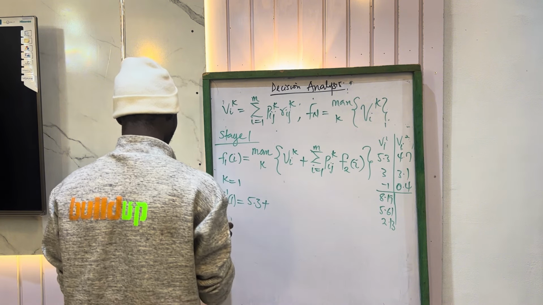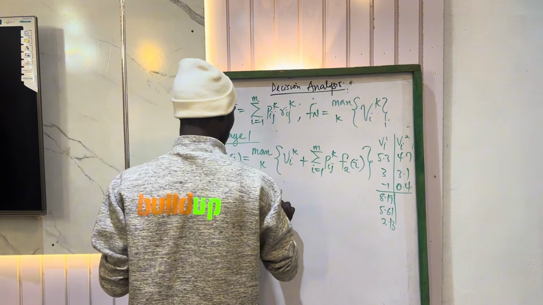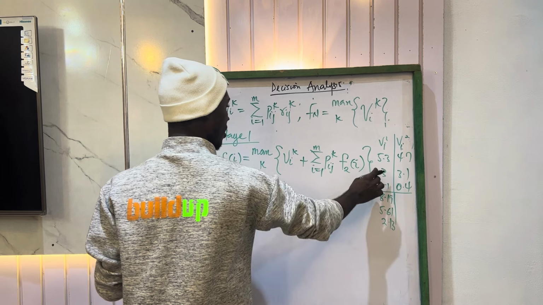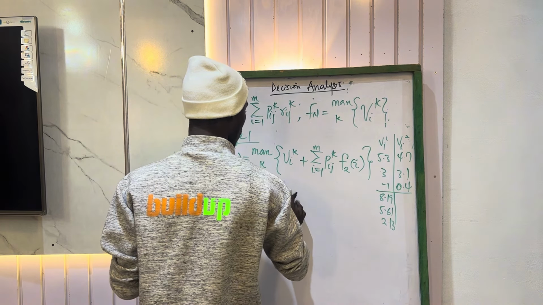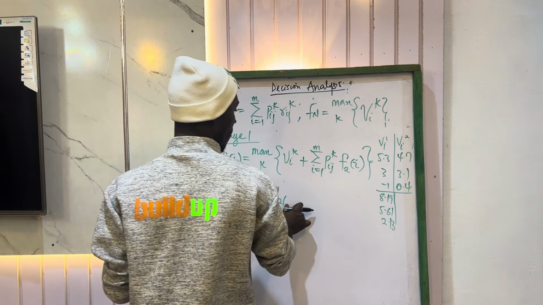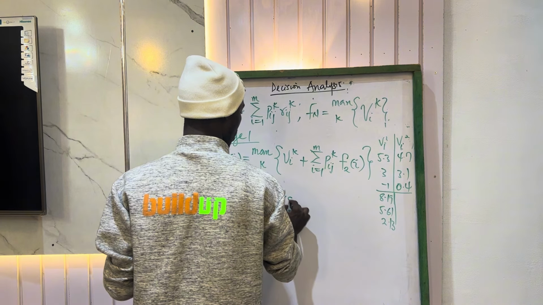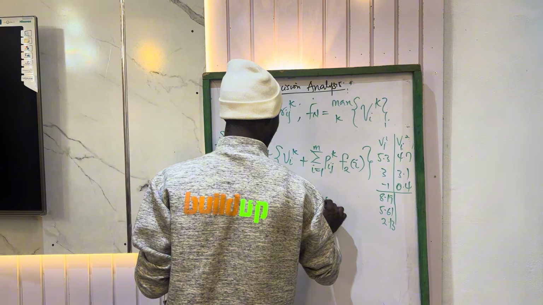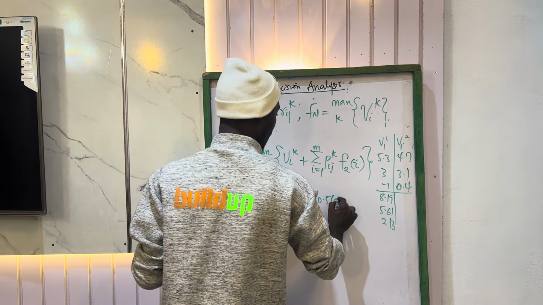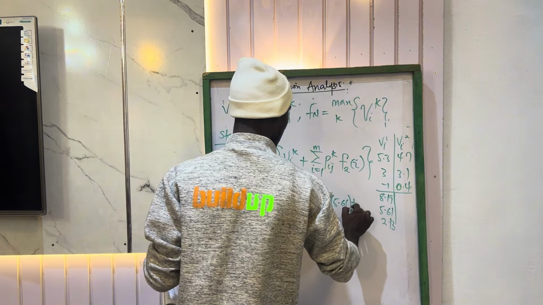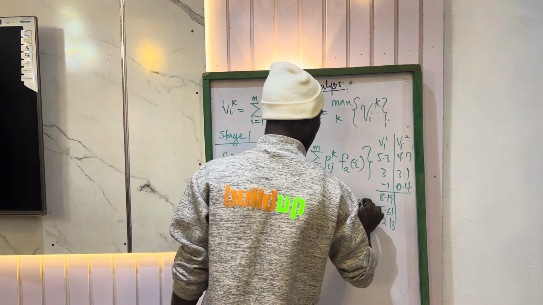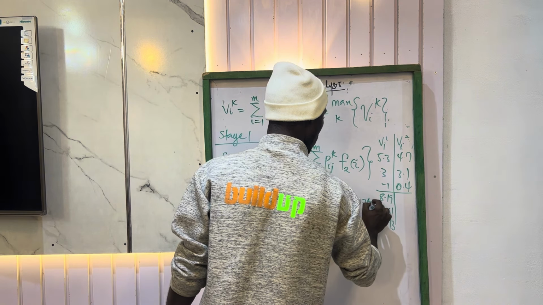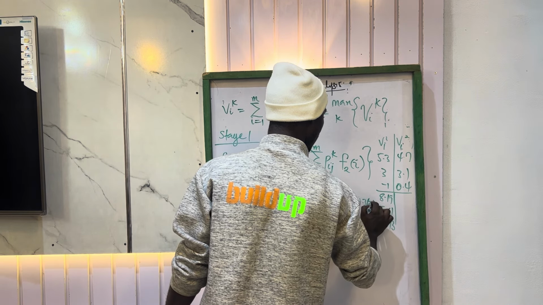So 0.2, open bracket, this is going to be 5.3, open bracket, this optimal solution we got, 8.19, plus 0.5, open bracket, 5.61, plus 0.3, open bracket, 2.13.